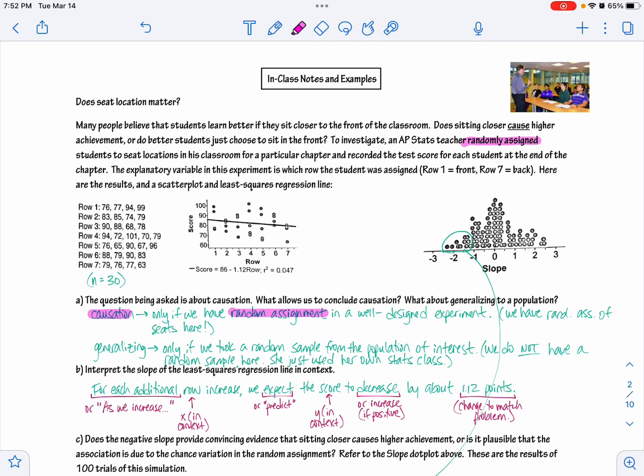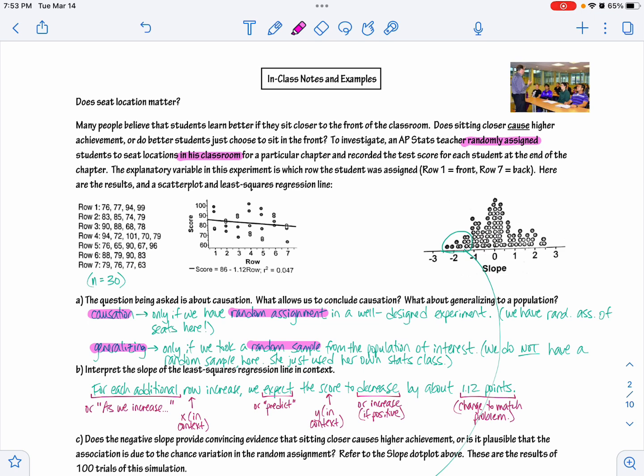And then in order to generalize to a broader population, which right here I just have my own students in this teacher's classroom, I didn't randomly select them. Only if you have a random sample, random selection, are you allowed to generalize to a broader population wherever your sample comes from.